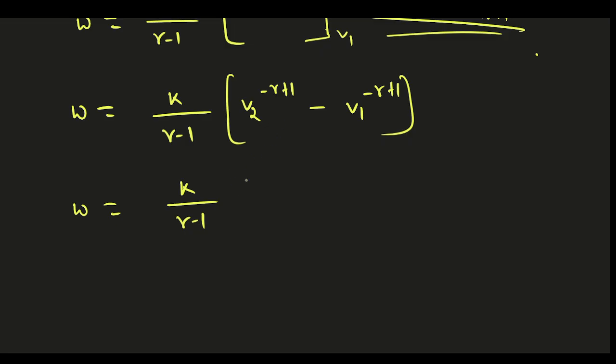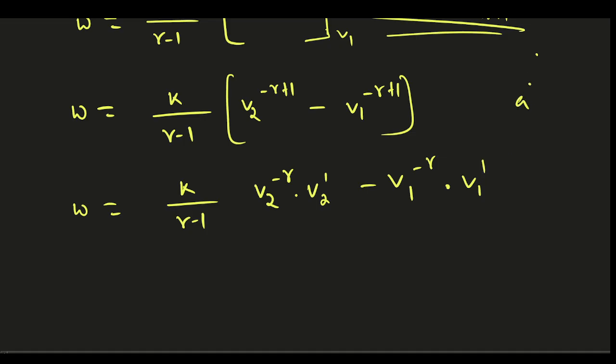So this value we can write V2 to the power minus gamma times V2, and V1 to the power minus gamma times V1, because a to the power x plus y, then this became a to the power x into a to the power y, so a to the x into a to the y is equal to a to the x plus y.